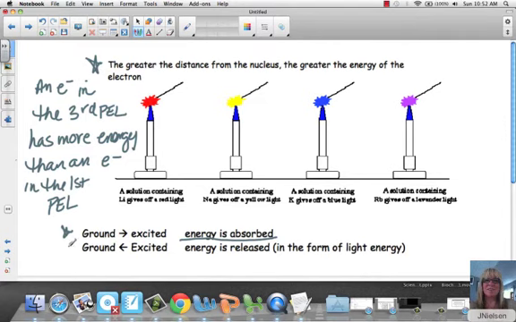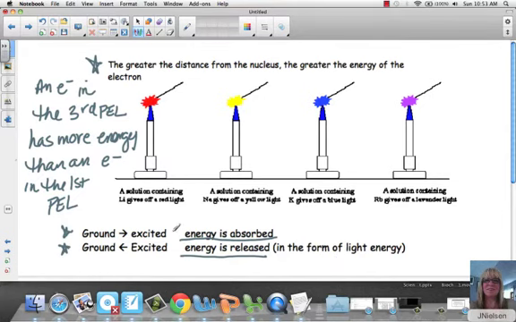When we go from excited to ground state, energy is released in the form of light energy. Think about it this way. When you go upstairs, you need energy to do it. Okay? You need energy to do it.